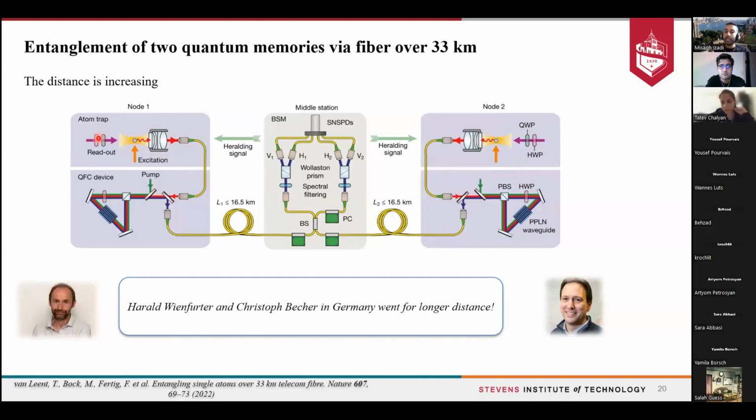It means even if the loss happens, you already have this information, and by performing a protocol like quantum teleportation, entanglement swapping, or quantum key distribution, you can transfer this information to the destination. So now this is the milestone. They want to increase the efficiency of the quantum repeater-based networks.